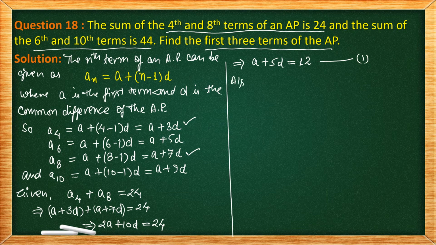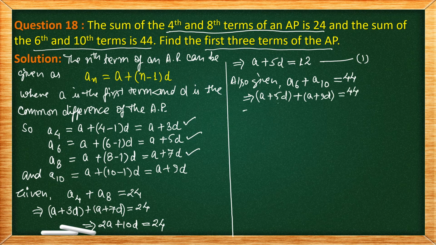Also given that the sum of the 6th and 10th term, a6 plus a10, is equal to 44. This implies that a6 is a plus 5d plus a10 is a plus 9d, and this is equal to 44, which implies that 2a plus 14d is equal to 44.